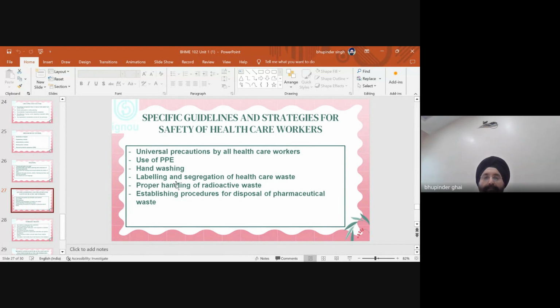Then labeling and segregation of healthcare waste. All healthcare waste should be properly segregated and labeled properly. Proper handling of the radioactive waste, and establishing procedure for disposal of pharmaceutical waste. These are the specific guidelines.